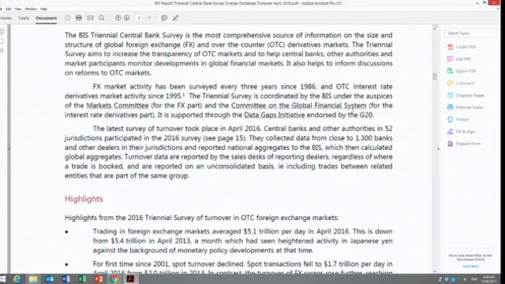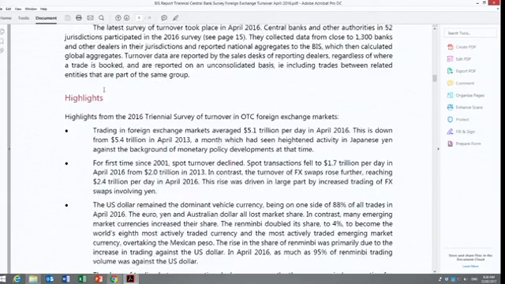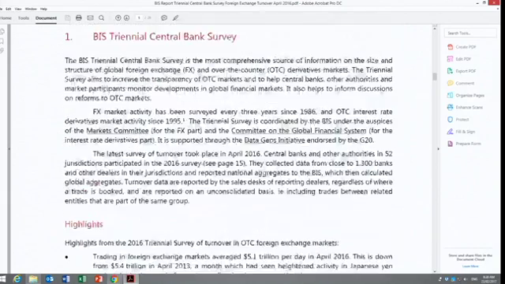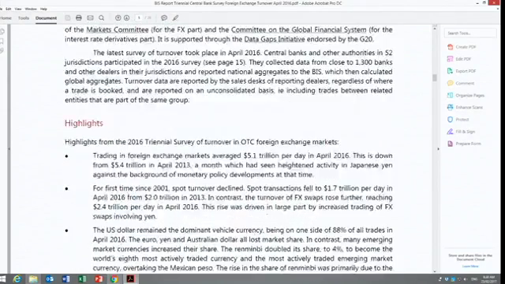So if you were to become a financial analyst in, let's say, the international finance departments of financial institutions, you may be asked to do research, and you have to read quite a lot of reports. Some of the reports that may be of relevance to you would be reports coming from the Bank for International Settlements.